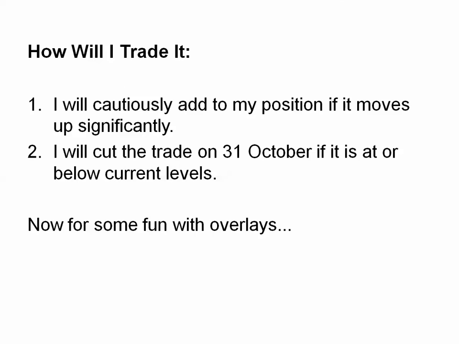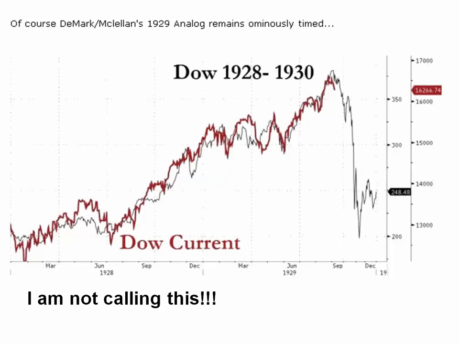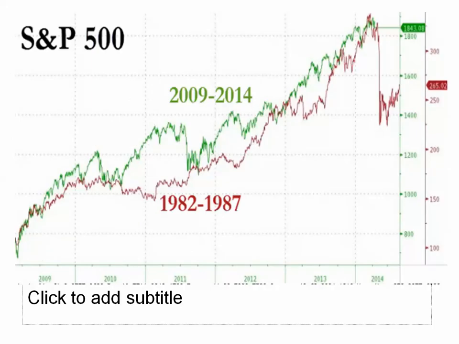Now, just some fun with overlays to see what could happen and what's possible. I'm not calling a crash, but here is the current Dow overlaid over 1928 to 1930. Could possibly happen. Here's 1982 to 87 versus 2009 to 2014. Again, similar, it possibly could happen.